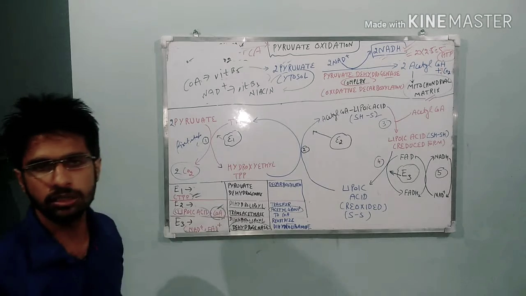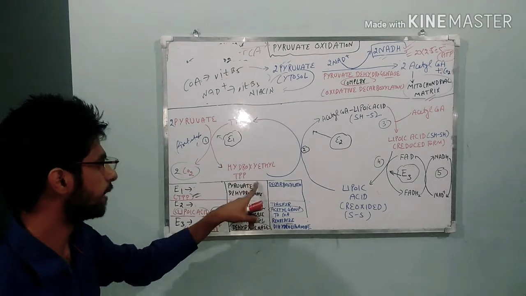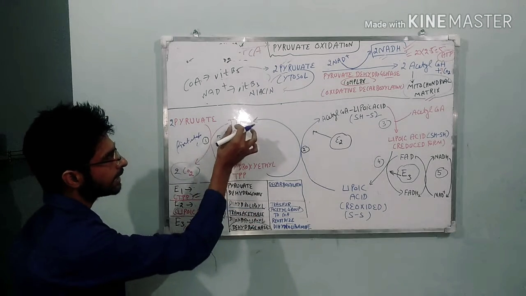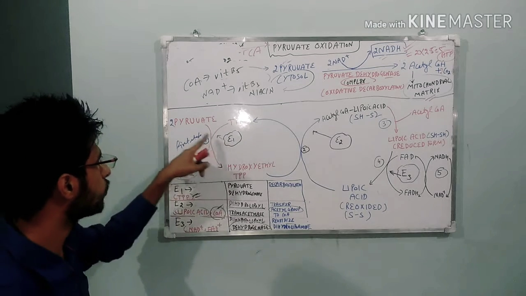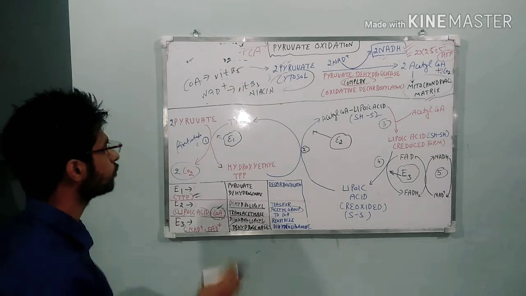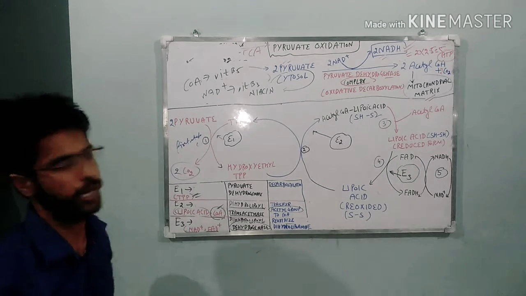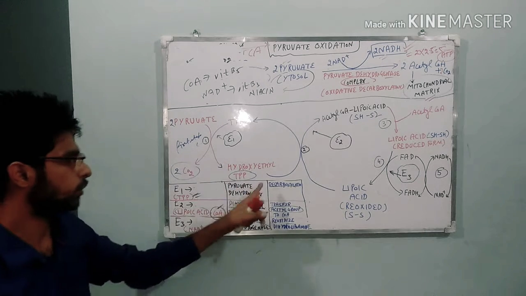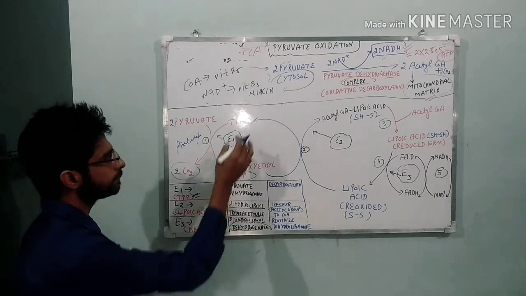As the CO2 is removed, the enzyme pyruvate dehydrogenase acts, and the coenzyme thiamine pyrophosphate attaches to the compound formed after the two pyruvate molecules release CO2, giving hydroxyethyl thiamine pyrophosphate. Decarboxylation is there and oxidation is also going on.